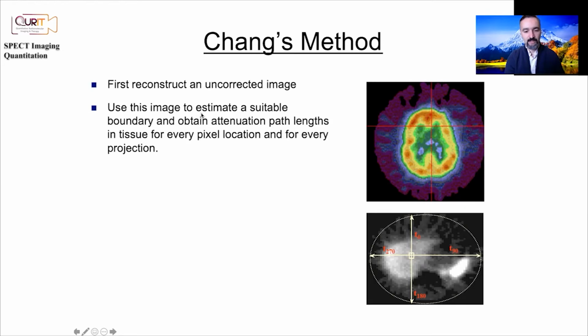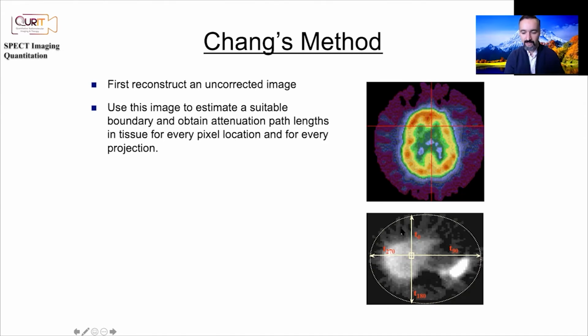Then you use this image to estimate a boundary. So based on this image, because you don't have a CT scan, right? Based on this image, you kind of guess where the edges of the brain are. You sort of draw, let's say, some kind of an ellipse or whatever to represent that. You say, okay, this is kind of the outline of the brain of this particular patient.